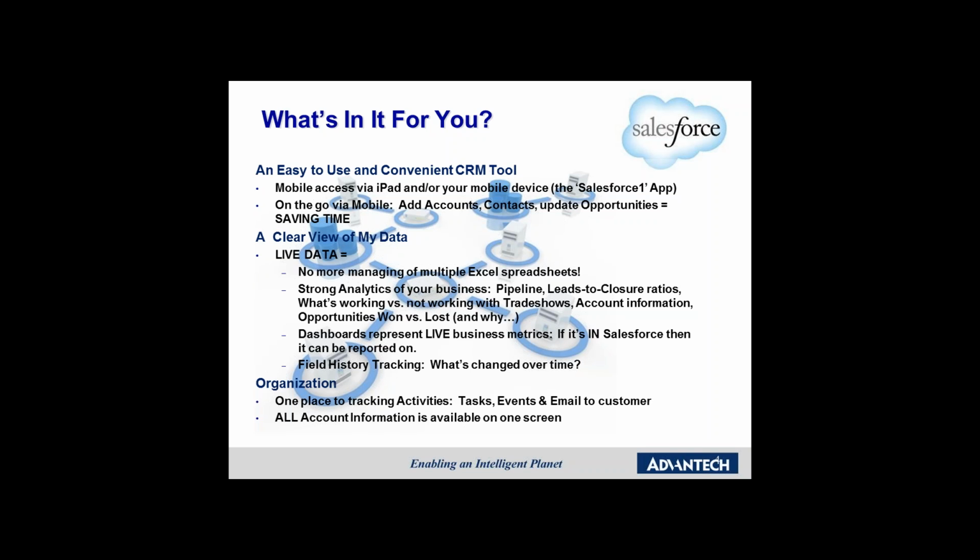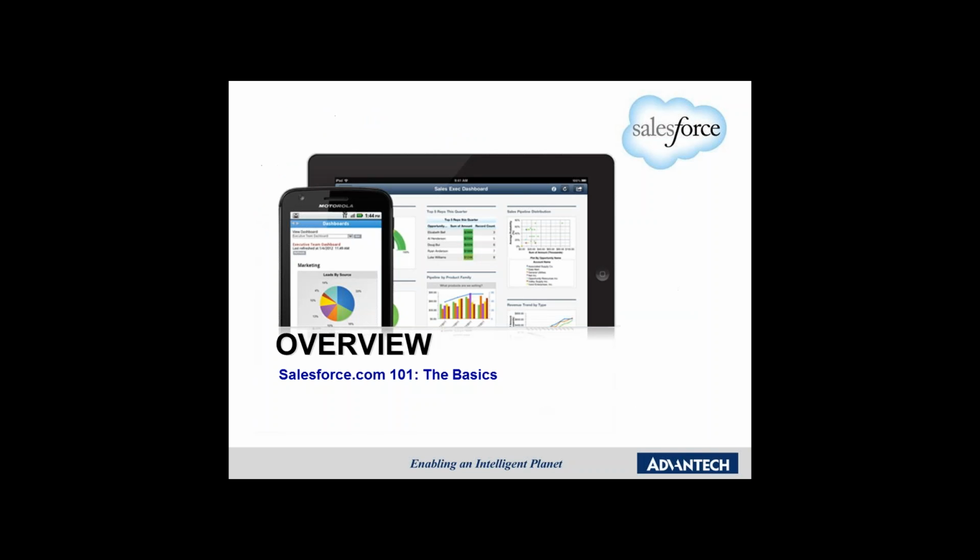From an organizational stance, that was key for us as well. It's one place to track activities like tasks, events, email to the customer. It gives us a nice holistic view of what's going on within the opportunity or the account. Basically, all of your account information is available on one tool or one screen, which is great.